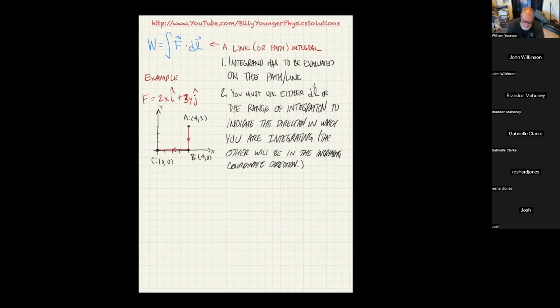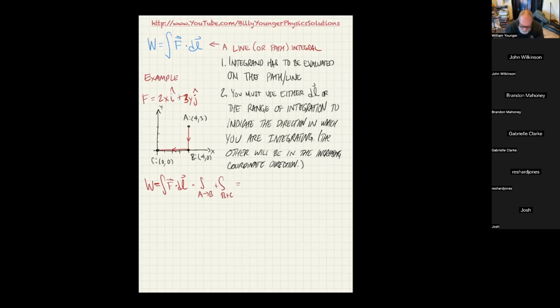Okay. So if I wanted to calculate the work in that case, I would say work is equal to the integral of f dot dl, which I'm going to say is equal to the integral from A to B plus the integral from B to C. And now I'm going to evaluate that.